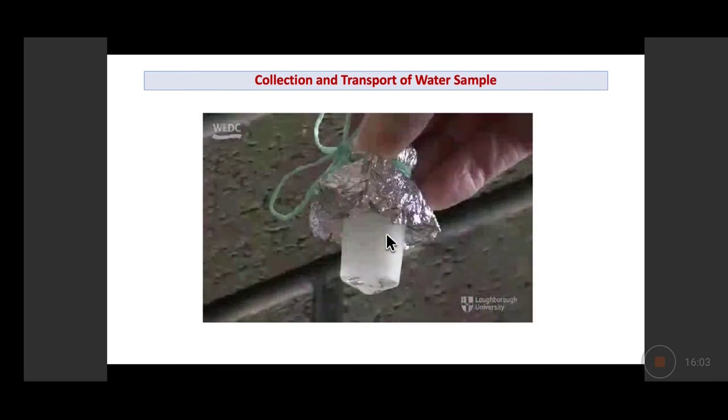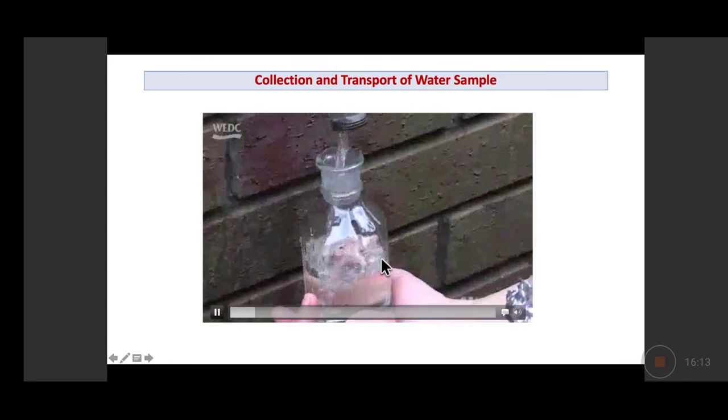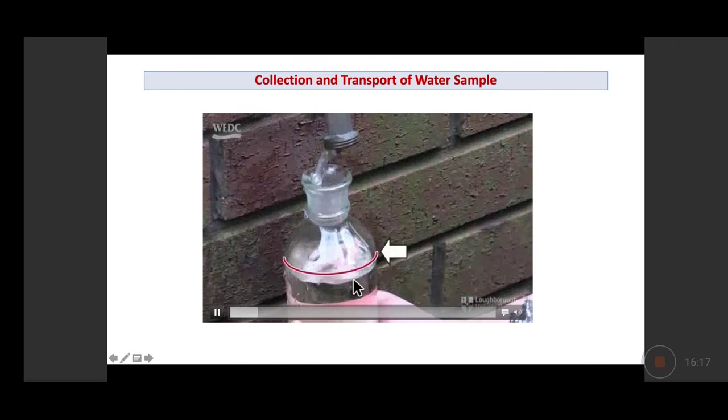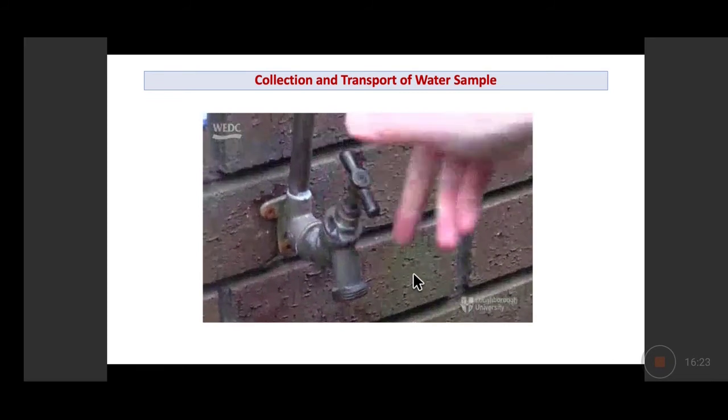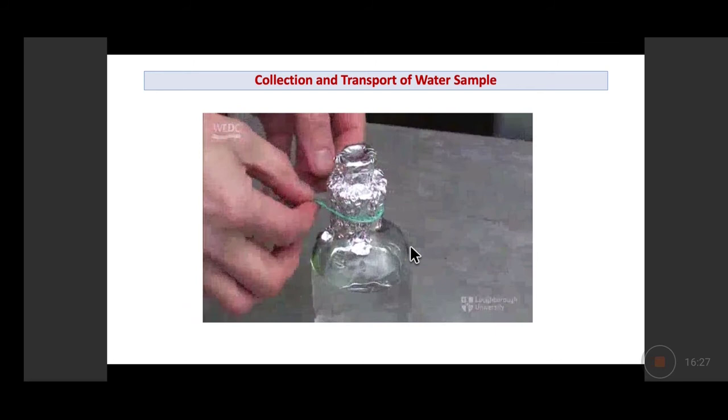We clean the tap with alcohol and collect the sample in a sterile container, and the lid of the sterile container should be directed downward. Here you can see the container is held from the base, and now the sample has been collected. It should not be filled up to the brim.